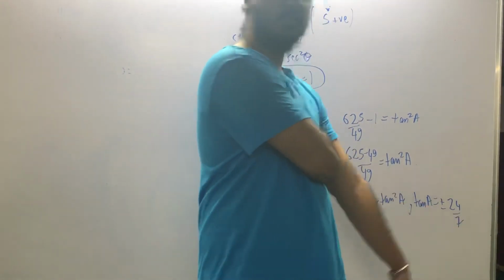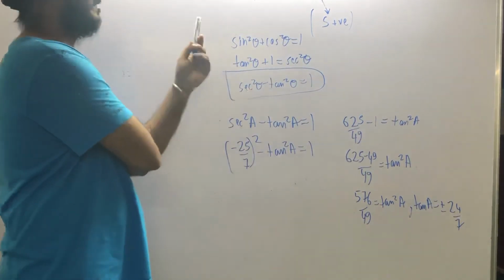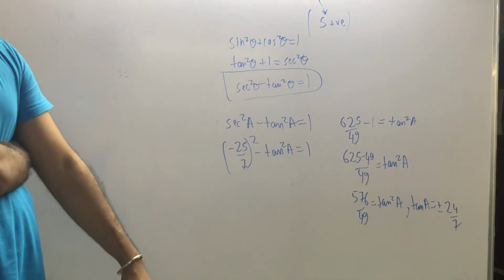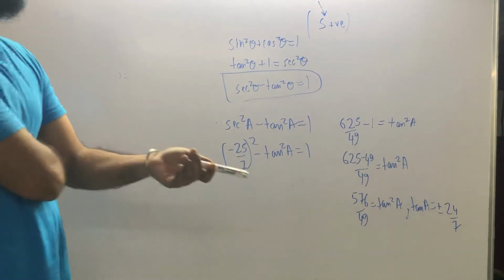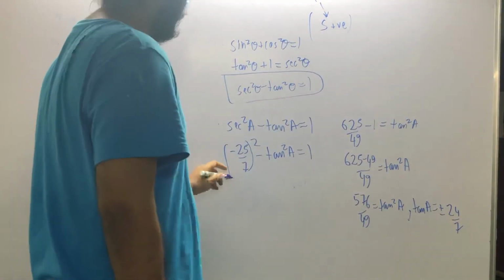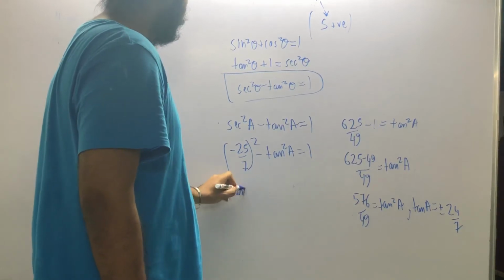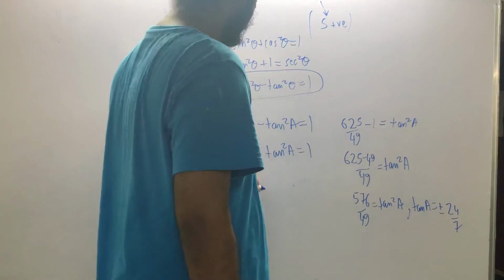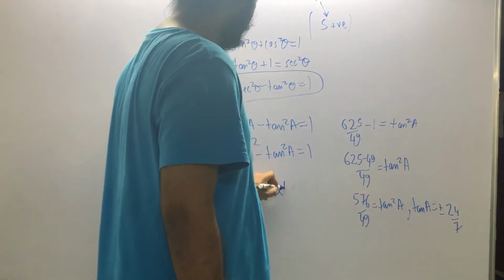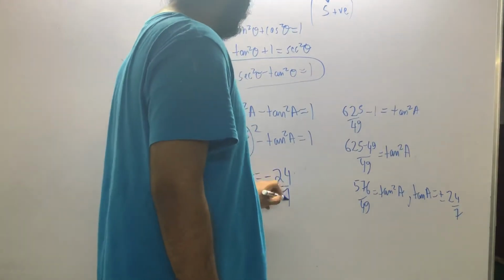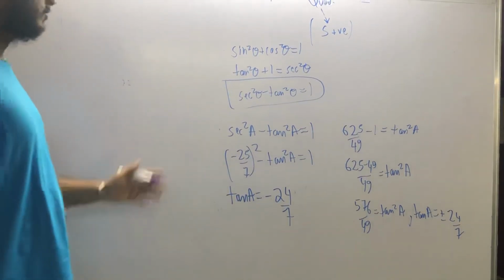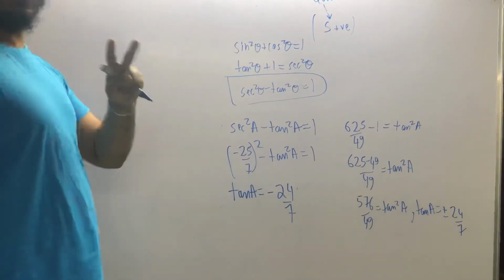Tan A is plus minus 24 by 7. In which quadrant is A lying? Second quadrant. In the second quadrant, is tan positive or negative? Tan is negative. So I will take tan A as minus 24 upon 7. So two functions you already found out.